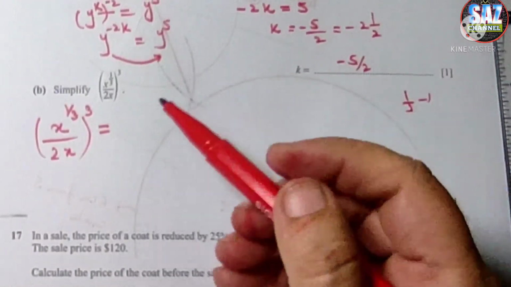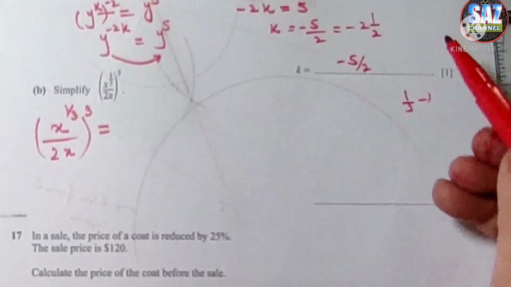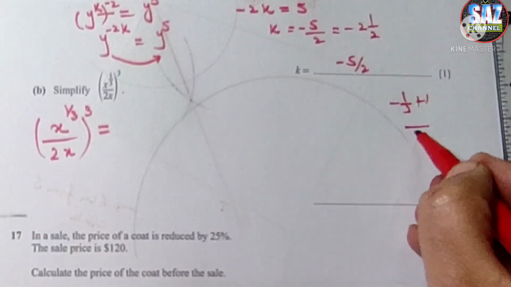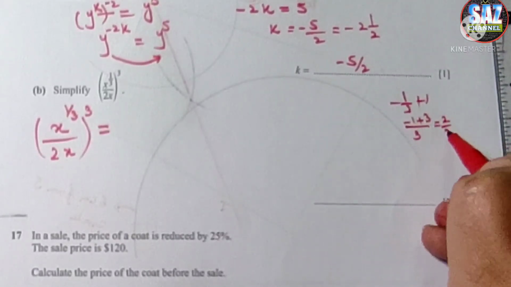Since 1 is bigger, I can bring this 1 by 3 down: 1 minus 1 by 3, and this will give me 3 minus 1 over 3, which is equal to 2 by 3.